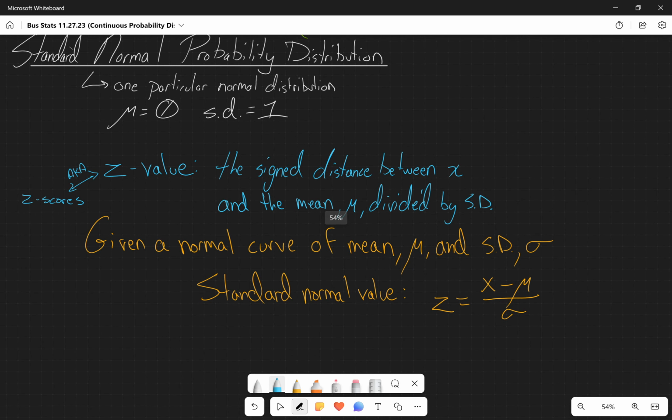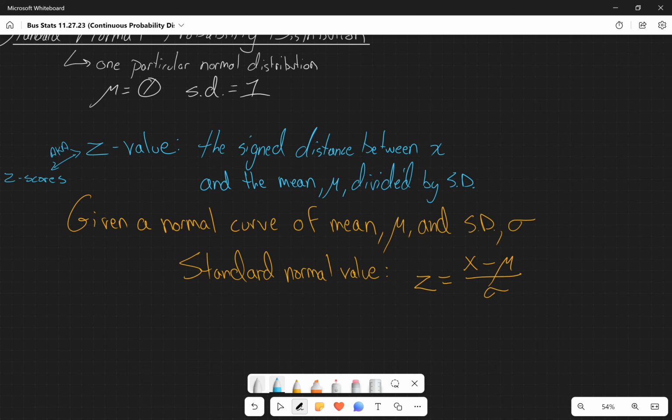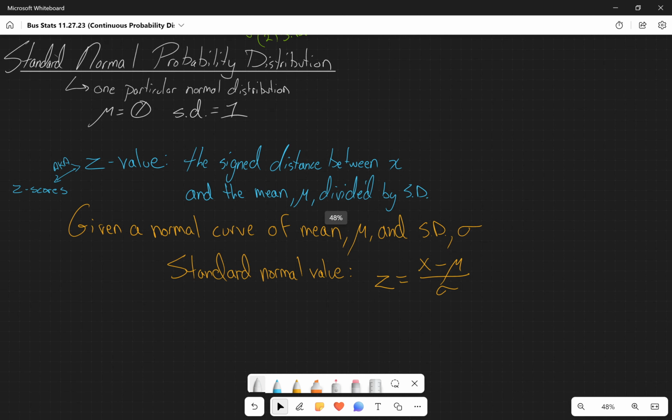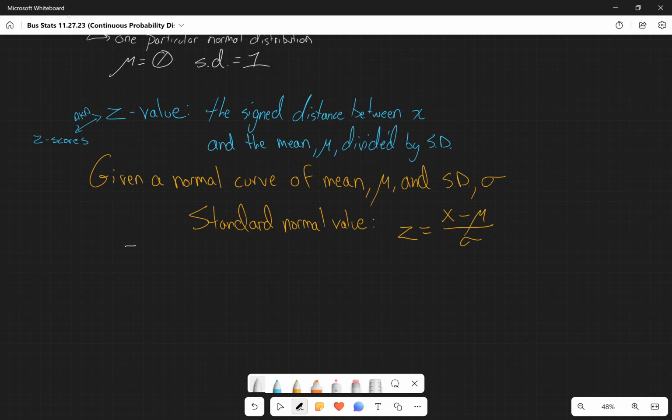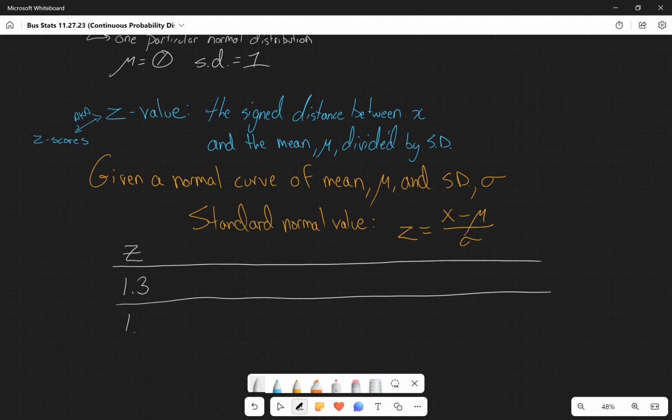So when we're using our z-tables, they are going to look something like this. So there's going to be a z on the columns, or sorry, for the rows. So we're going to have a z, and we'll just do what the book does.